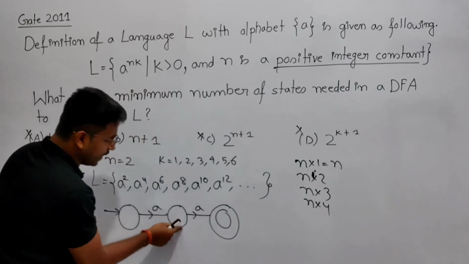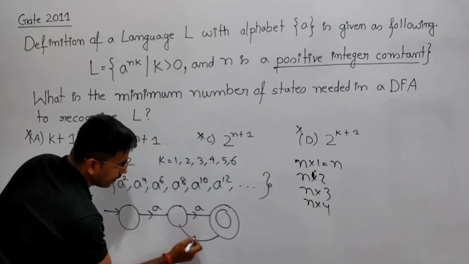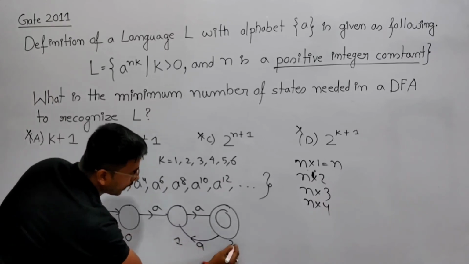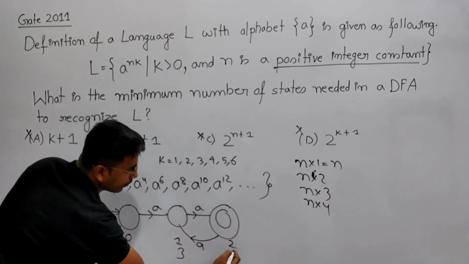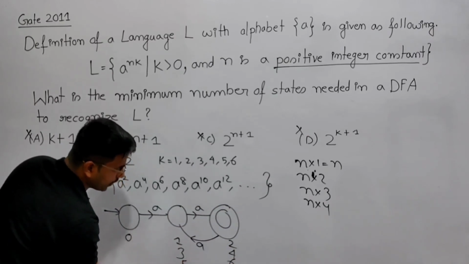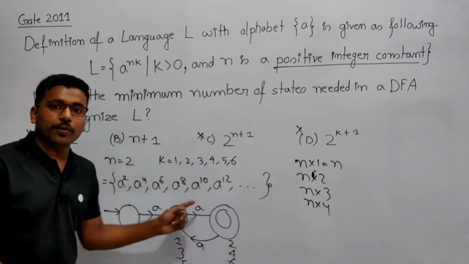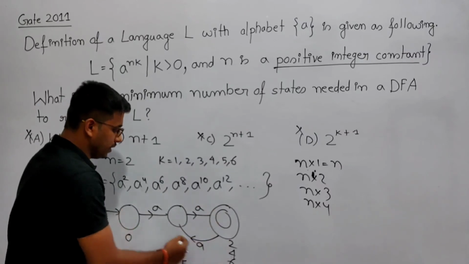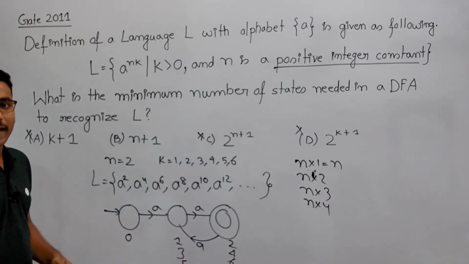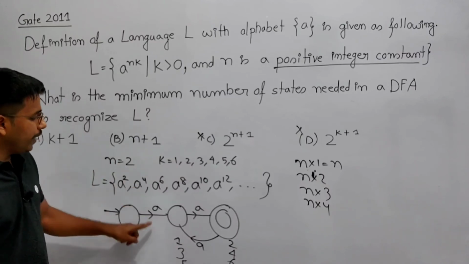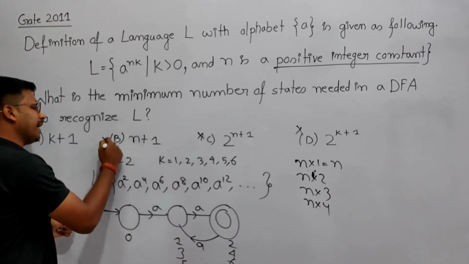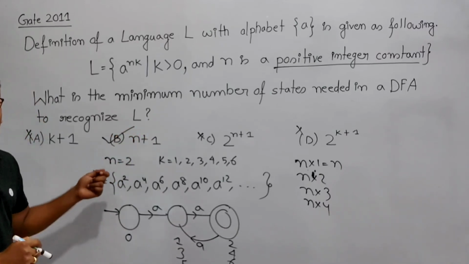You can come back here, with 0 number of a, then 1, then 2, again getting a 3, again getting a 4, again 5, again 6, like this. So here I need to create a loop of 2, 3, 4, 5, then 6. See how many states we require here. When n is 2, then you require 3 states, so n plus 1. So if you take any value of n, it is always going to give you n plus 1.